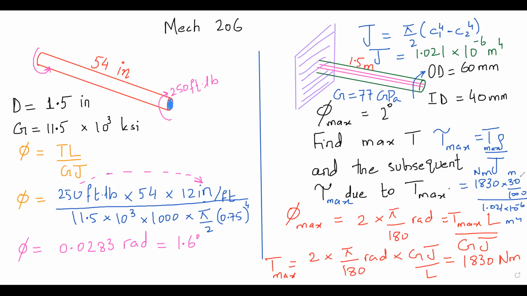What was the value, tau max? 53.8 megapascal. You can double check, by the way, I don't have this in my notes.